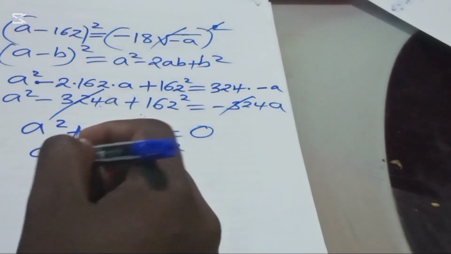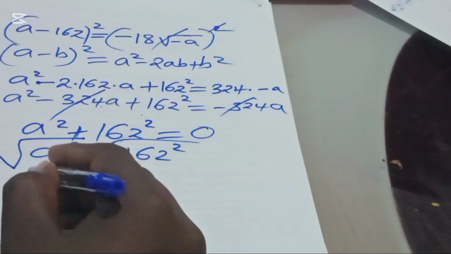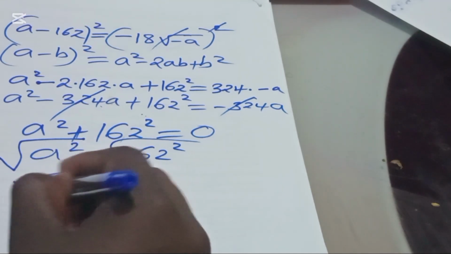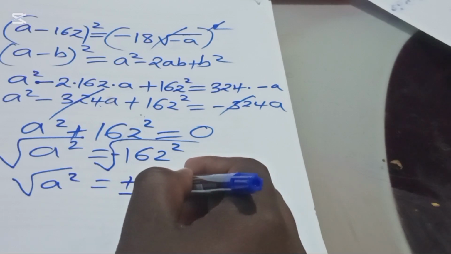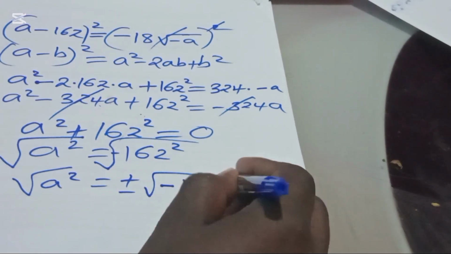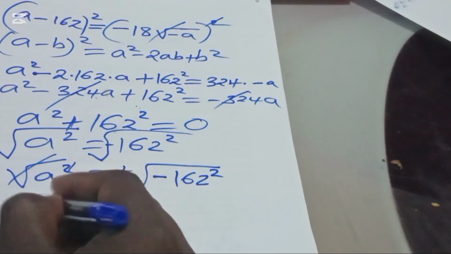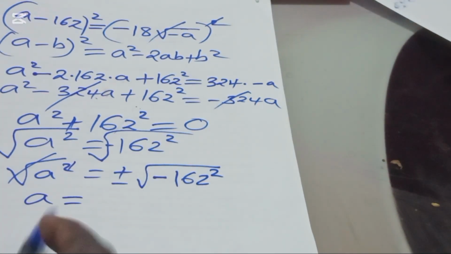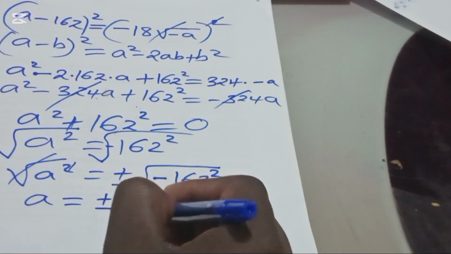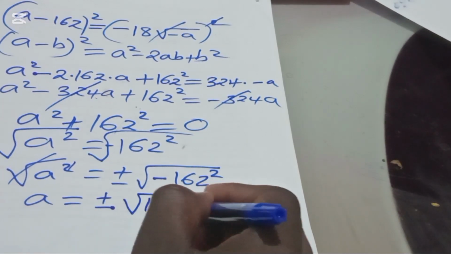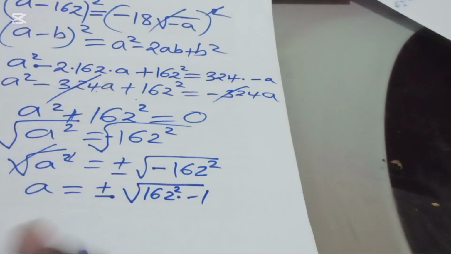Now to solve for the value of a, we introduce the square root on both sides, so the square root of a squared is equal to plus or minus the square root of negative 162 to power 2. We eliminate the square root sign, so that the value of a is equal to plus or minus the square root of 162 to power 2 multiplied by negative 1.